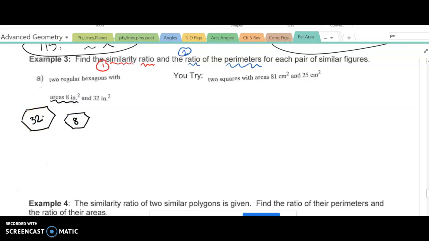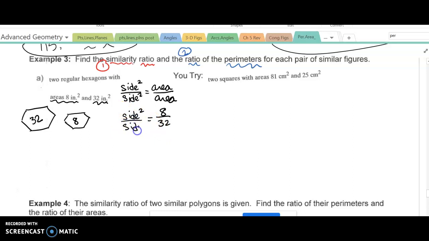Okay, so we're going to have to work backwards then, because what we do know, remember with me, at this point we know that side to side squared equals the area to the area. So we know this part of the equation. I like to put the smaller number on top, so I'm going to say 8 to 32 for my area ratio. What I don't know is what side to side equals.